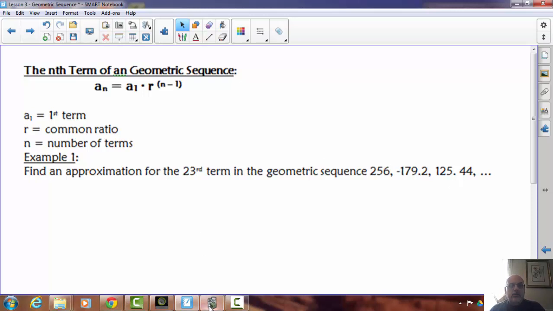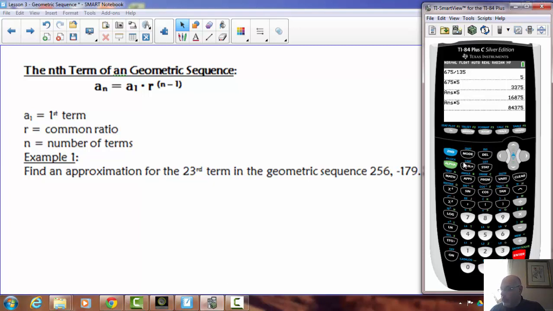So again, to find our ratio, we're going to look at our last term, 125.44, divided by negative 179.2, excuse me, and you find the common ratio is negative 0.7.